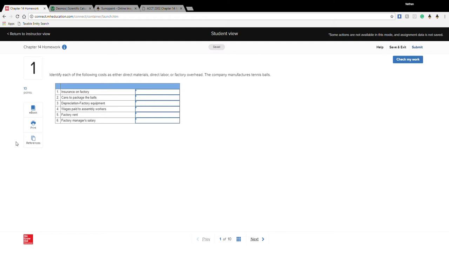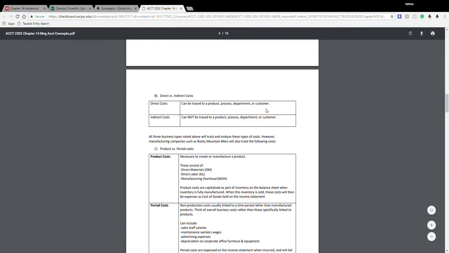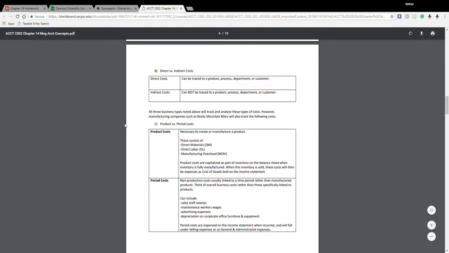If it's indirect, it could be factory overhead. If you need to know what they are, you can always pop up to your notes. Again, direct can be traced to the product, indirect cannot. And also product cost right here, which we'll get into in just a sec.